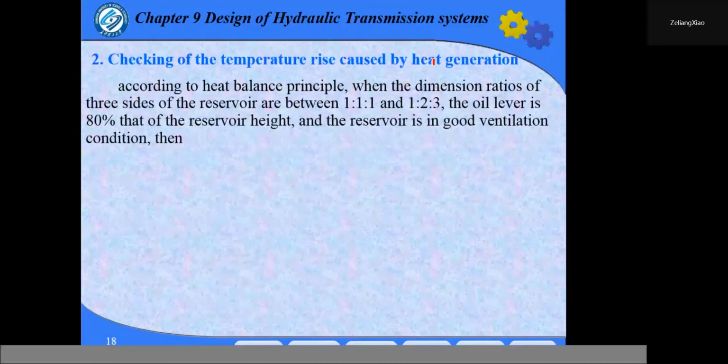Taking of the temperature rate according by generation.